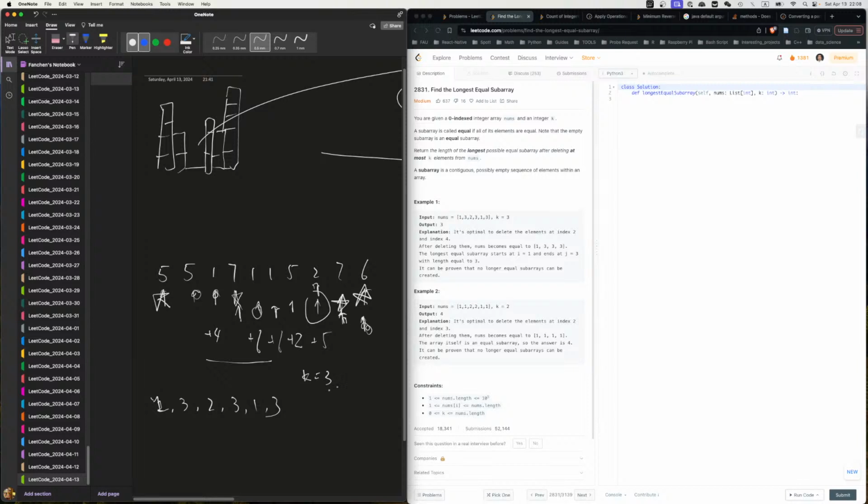Can delete at most 3. And after deleting, we want to find the longest possible. Because it's a subarray, we cannot reorder, right? And we can look for, so we know 1 occurs 2 times, 2 occurs 1 time, 3 occurs 3 times.